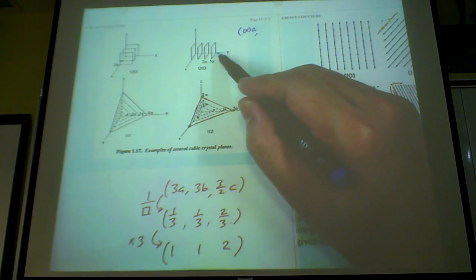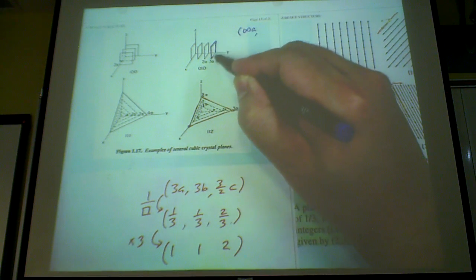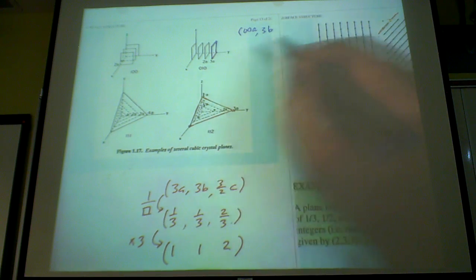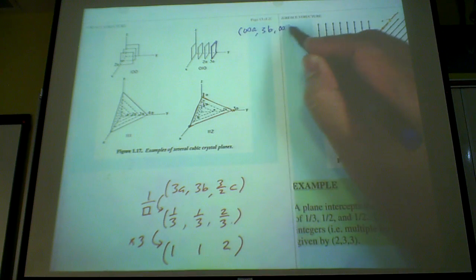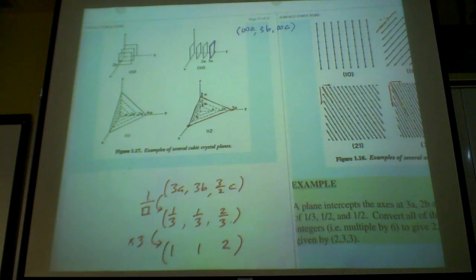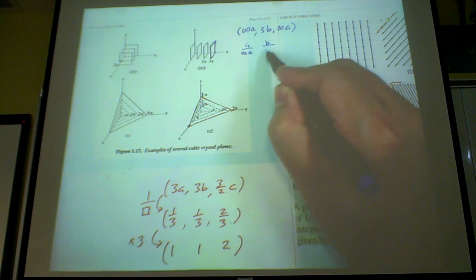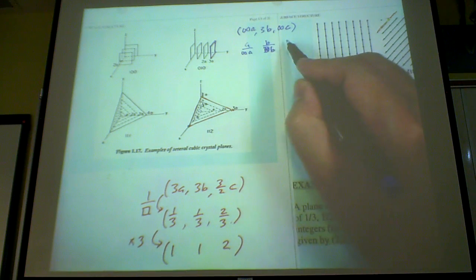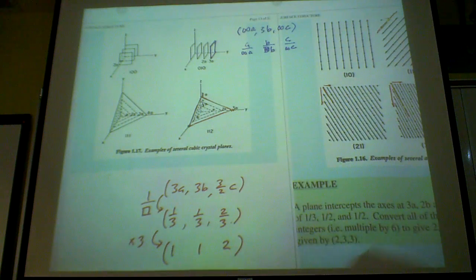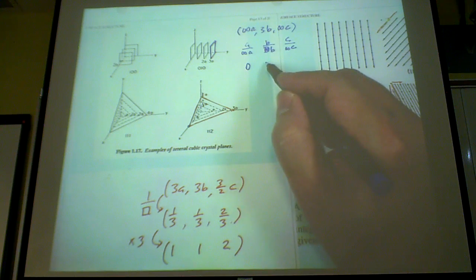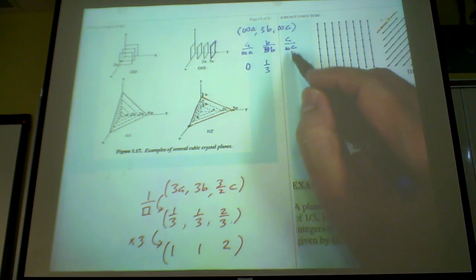But if I'm looking at this plane here, it intercepts at 3B, and then it intercepts at infinity C. Now I take A divided by infinity A, B divided by 3B, and C divided by infinity C. Of course, 1 divided by infinity is 0, this is 1/3, and this is 0.